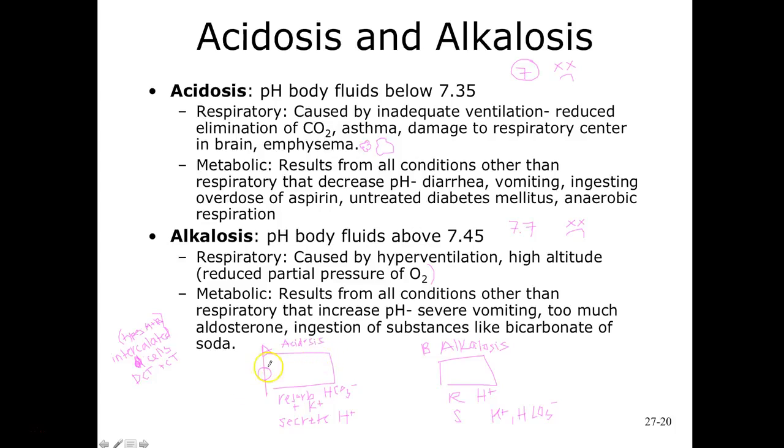They are switching in and out. Over here would be our hydrogen being secreted into the lumen of our tubules, and we're taking in potassium. So that's why we're saying reabsorb potassium here, because we're switching this up.